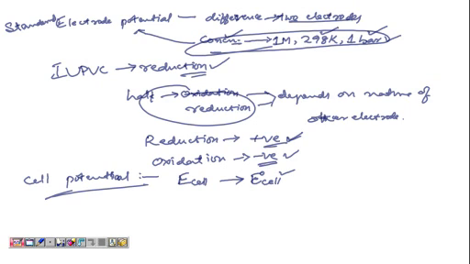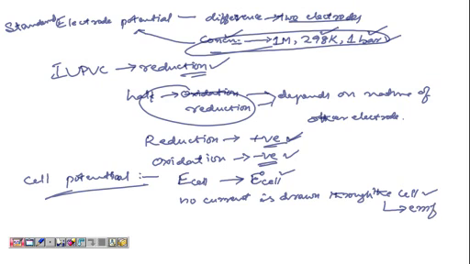The potential of a galvanometer when no current is drawn through the cell. So without drawing any current through the cell, if you measure the EMF of the cell, this is called the EMF of the cell, that is, the electromotive force. Electromotive force means the voltage measured without drawing any electric current through the cell.